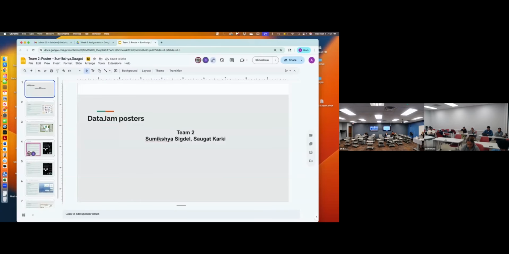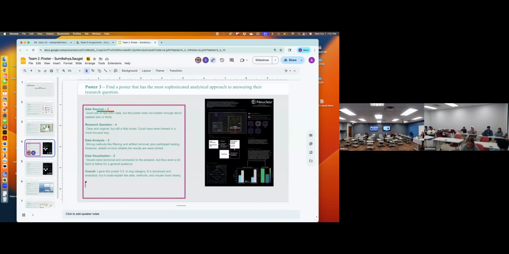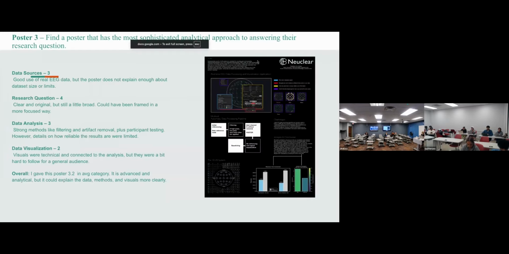And we're going to go to your third, find a poster that has the most sophisticated analytical approach. Okay, talk us through this. Yeah, we chose nuclear and they had a pretty good visualization, but again, it's unclear whether it's from a third-party application or created based on the data provided, though I feel like it's original.